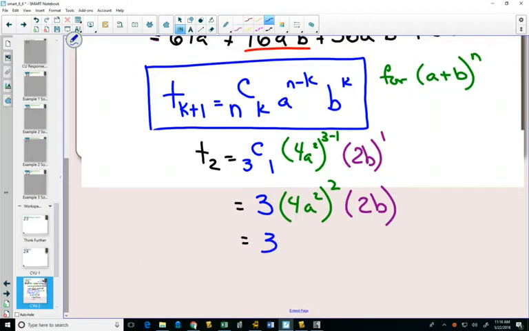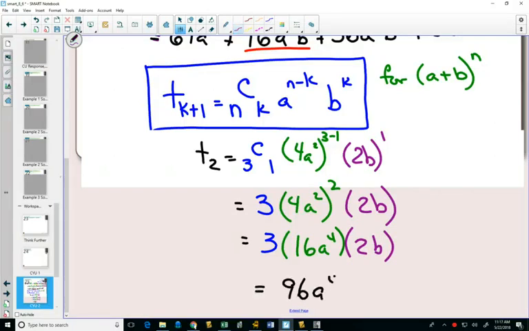you would do your exponents first, so this will become 16a to the 4. And I would leave this right now, and then once your exponent rules are done, multiply your numbers, multiply your variables, and we get 96a to the 4b.